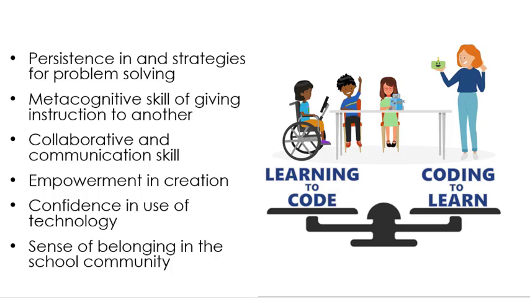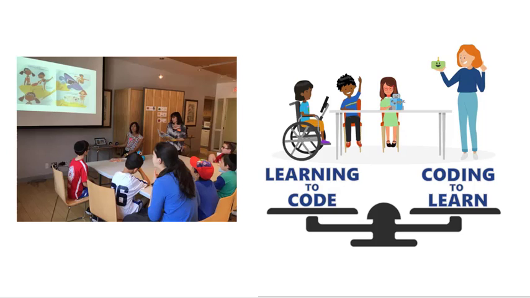And of course, as coding becomes more and more a part of the regular curriculum, and the conversation around the lunch table is about a new robot or a new robot competition, this group of students definitely wants to be a part of that conversation. These soft skills that we refer to as coding to learn skills, we believe are just as important or more important than the learning to code skills.